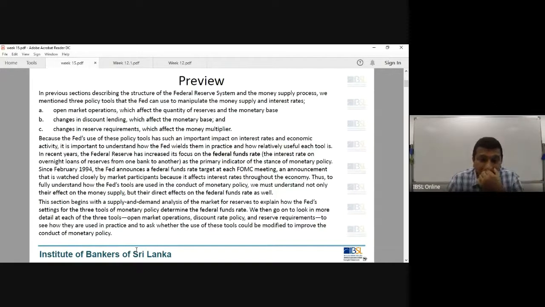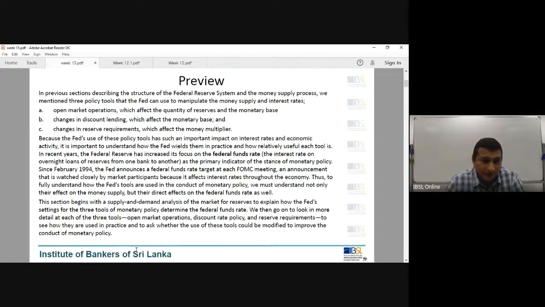Sometimes they maintain the level, sometimes they increase or decrease it, depending on the economic direction. This announcement is watched closely by market participants because it impacts interest rates not only in the US but throughout the world.